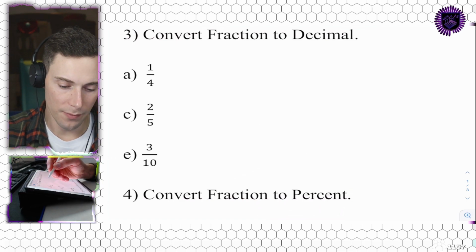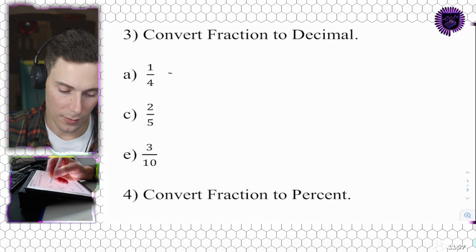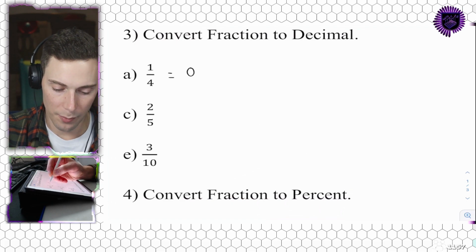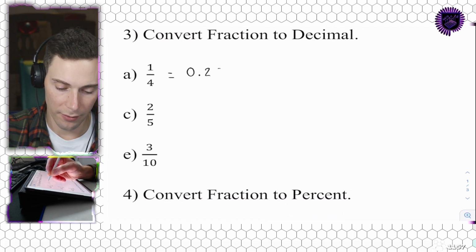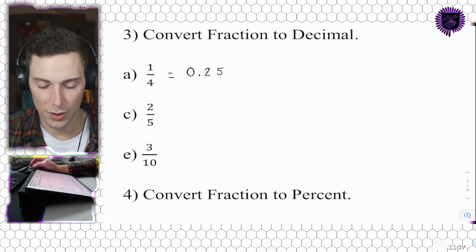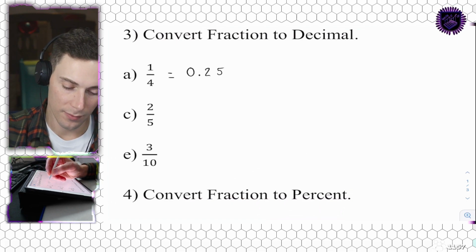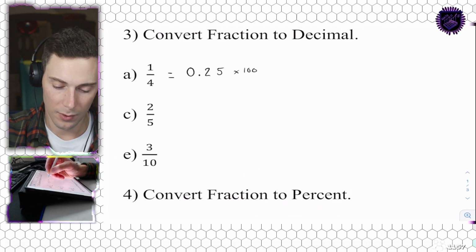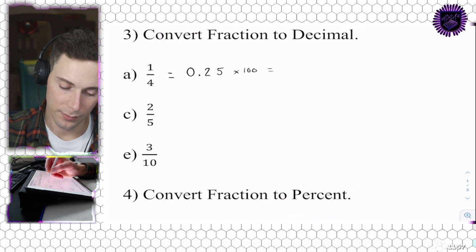So 1/4 is going to be equal to 0.25. 0.25 is going to then be multiplied by 100, and that will equal 25%.